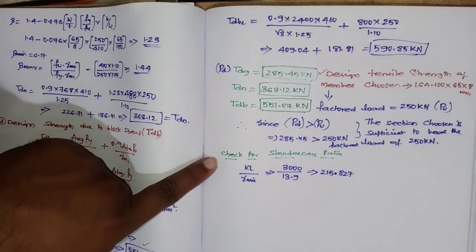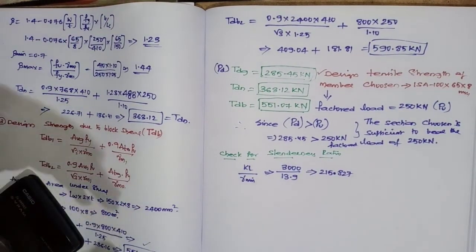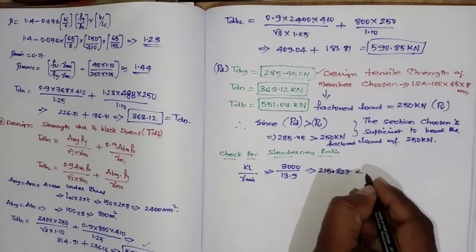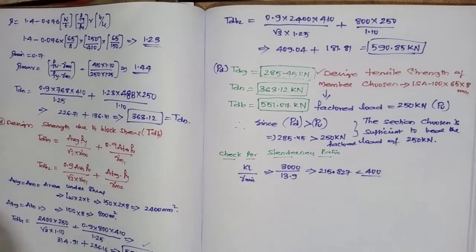Now with what value does it have to be compared? We are doing some check, right? That check means you have to compare with some value. That is the maximum slenderness ratio value, which is 400. Now what is this 400 value? A member which is always under tension will have a maximum slenderness ratio value of 400. In the introduction class we discussed the maximum slenderness ratio values.